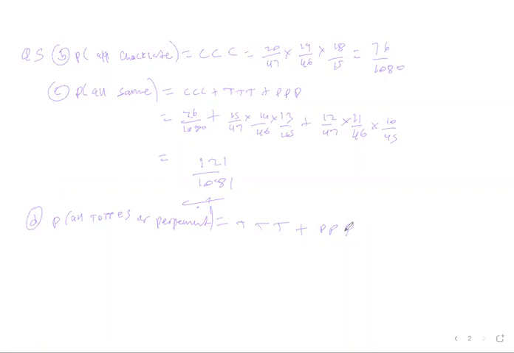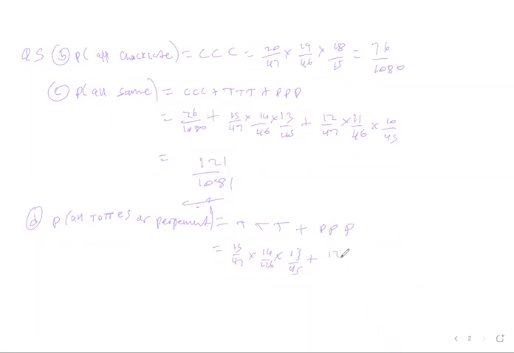So when you get those probabilities from the tree diagram, you have 15 over 47 times 14 over 46 times 13 over 45, then plus 17 over 46 times, oh, it's not 17, it's just 12, right?